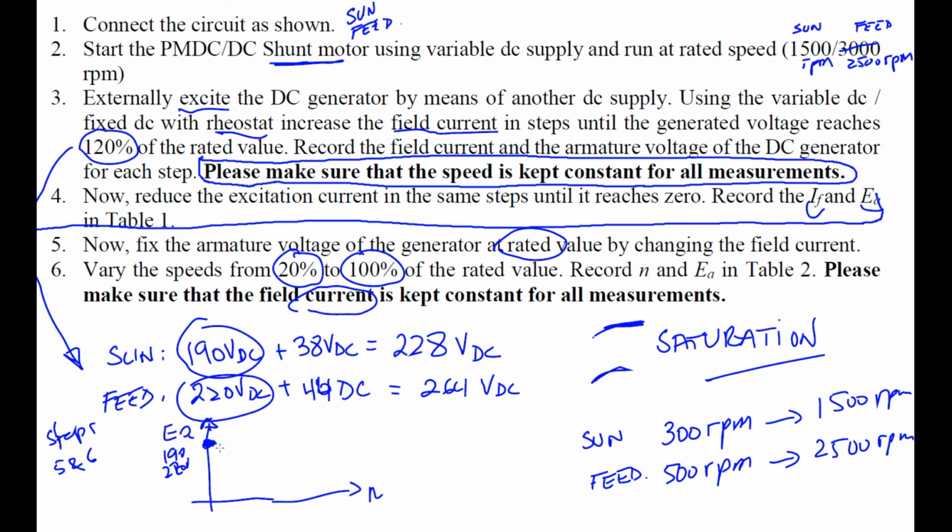For each point, before we take the two readings, EA and speed, we have to check that the current is fixed all the time. If it goes high or low, we have to bring it back to the rated value where we have the rated voltage.